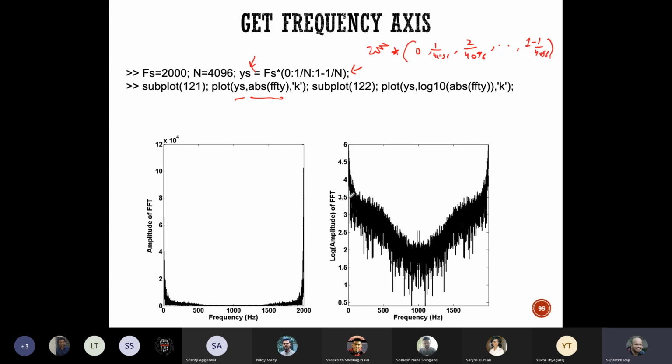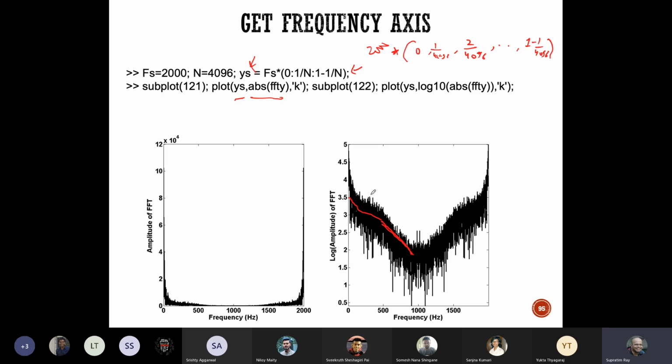Now notice that after 500 hertz, there's a bit of a fall here. And this is the action of the filter that I had applied to the original LFP signal before I was sampling it. But notice that it's still quite crappy.